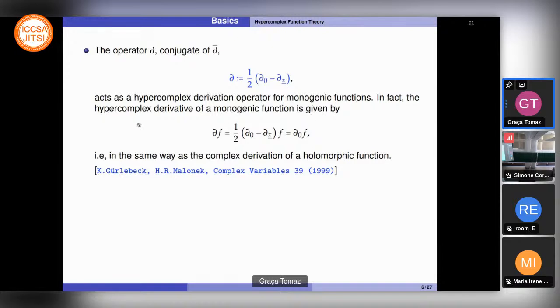In fact, the hypercomplex derivative of the monogenic function is given by del f, which coincides with del_0 f, in the same way as the complex derivation of a holomorphic function.